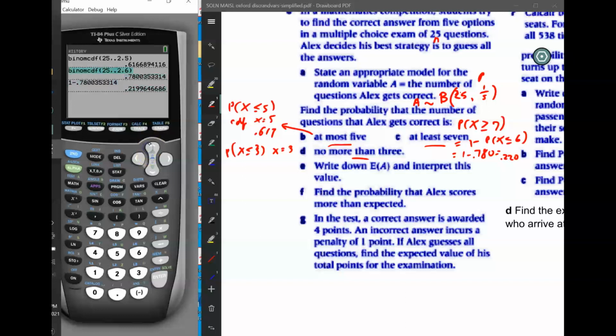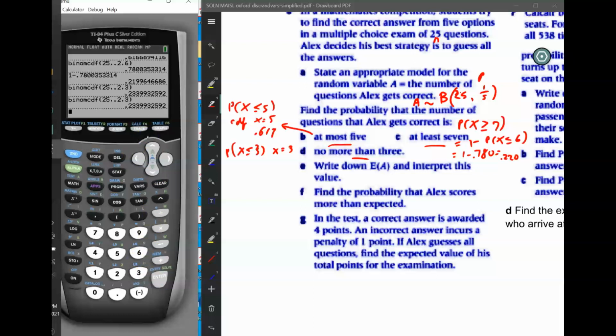So now we just need to take the CDF and then replace the 6 with 3, and that would be less than or equal to 3, which is the same thing as no more than 3. And the answer is 0.234. Okay, so that was D.